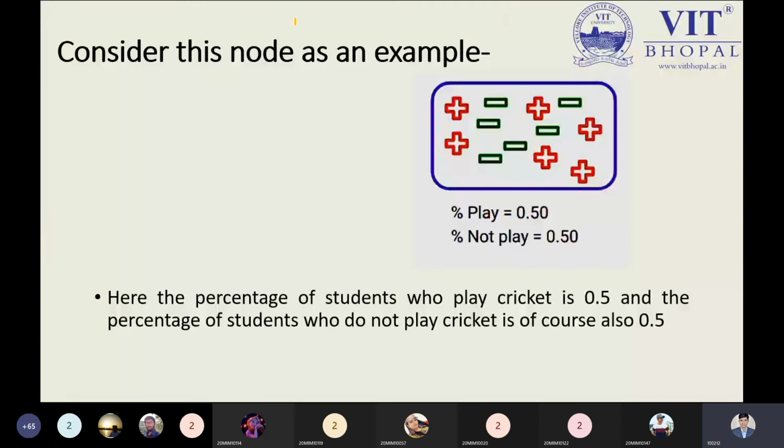Okay, so consider this node as an example. Here, what percentage do we have of those who want to play and those who do not want to play? Can anyone tell me?